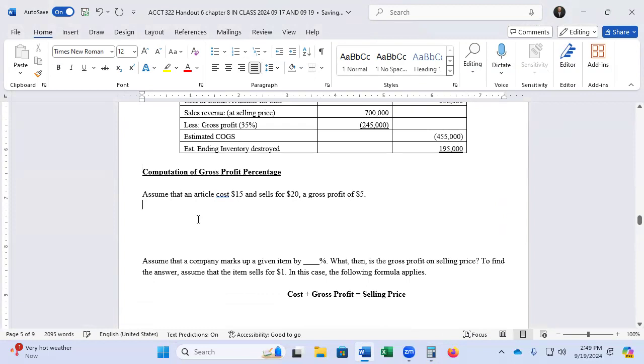Okay, computation of gross profit percentage. There are two ways that you can do it. The first one would be markup on retail, which equals your markup or gross profit divided by your retail sales price.